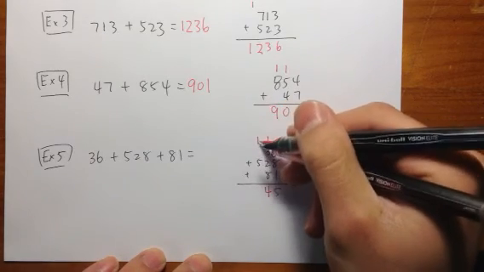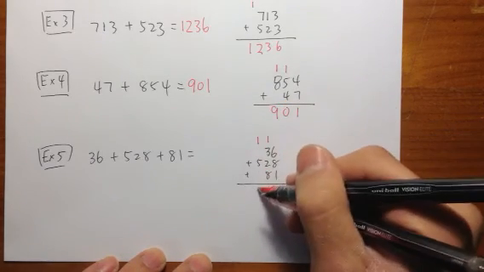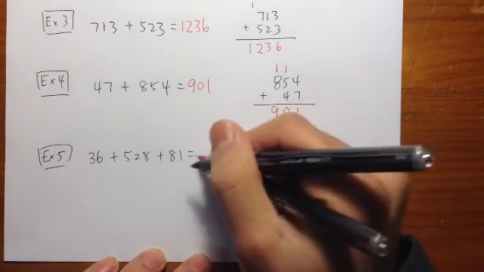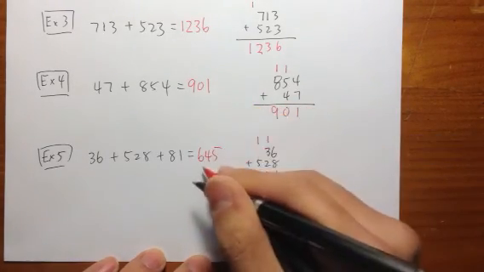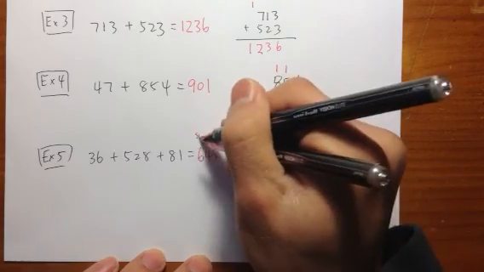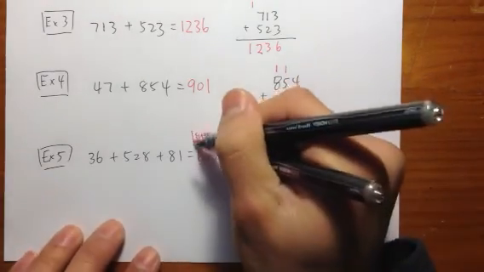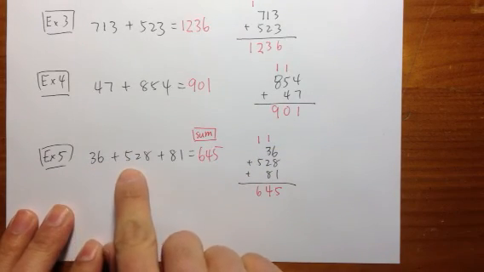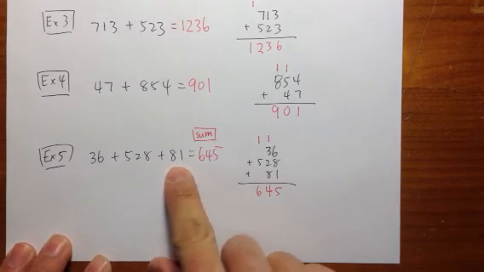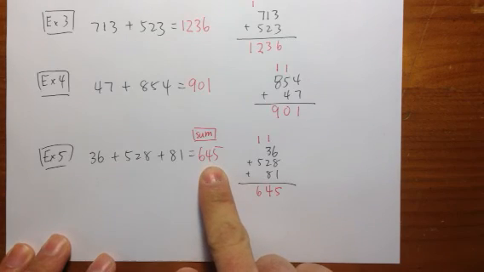And finally, I have 1 plus 5. I get 6. So altogether, the sum is 645. Right? The sum of 36, 528, and 81 is 645.